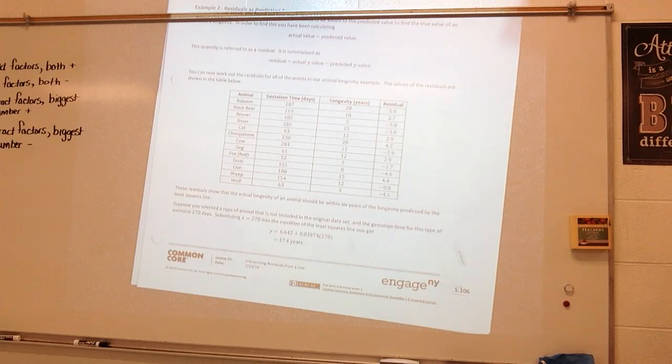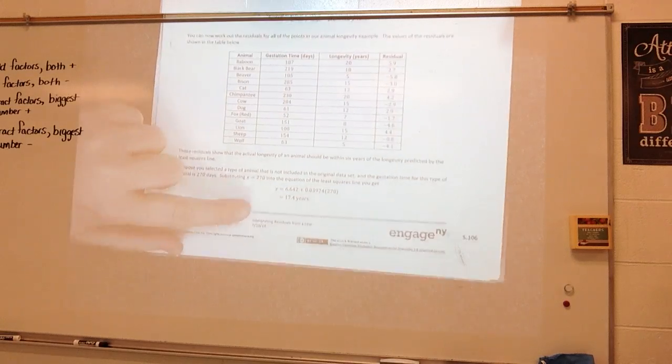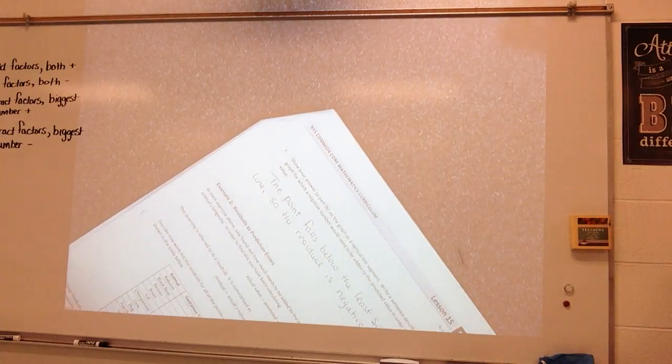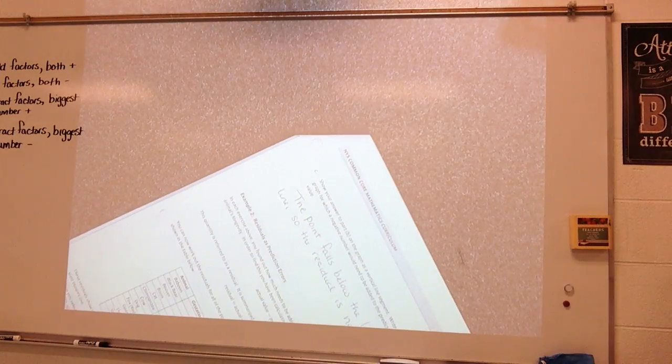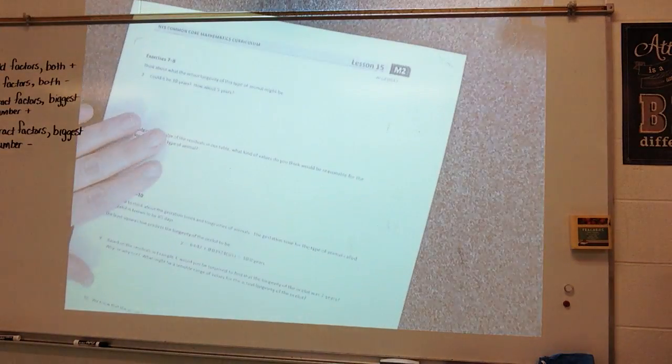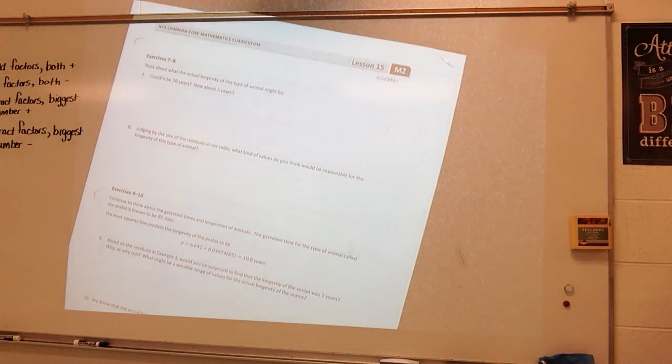Substituting x is equal to 270 into the equation of the least squares line, you get 17.4 years. Think about what the actual longevity of this type of animal might be.